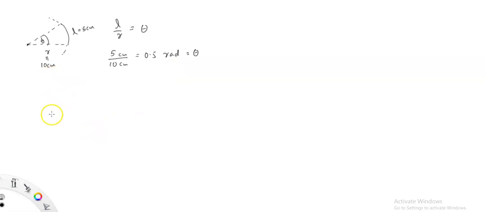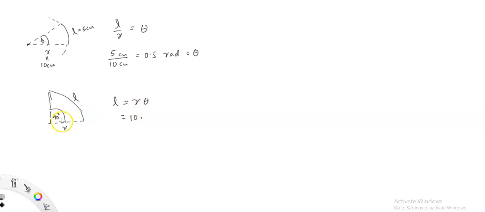What if we have the same circle, right? This is 10 centimeters. What if we have a piece of arc length making, let's say, 90 degrees here? What's the length? So how do you find that? Length is r theta. R is 10. So we're going to go with centimeters.